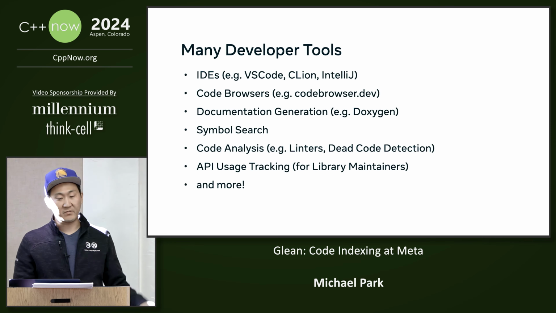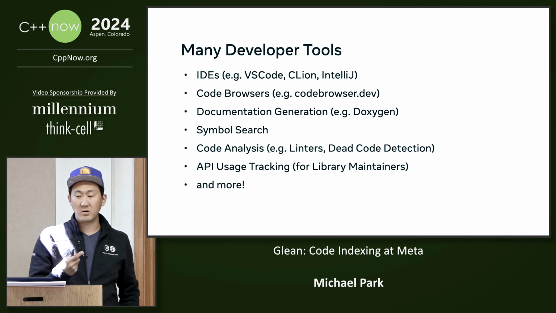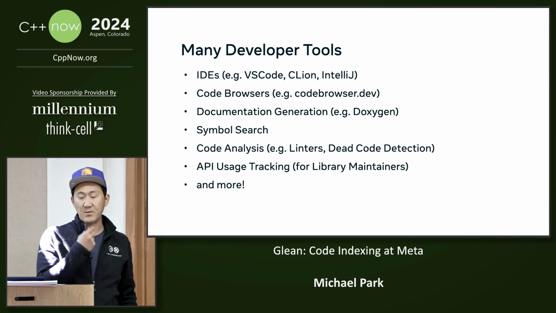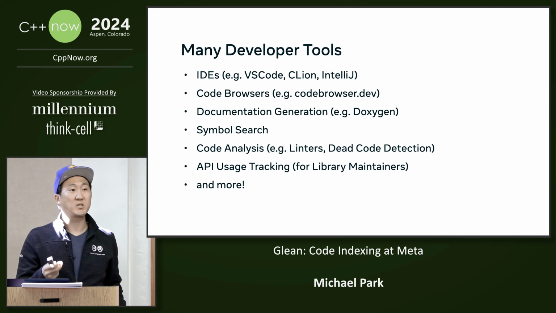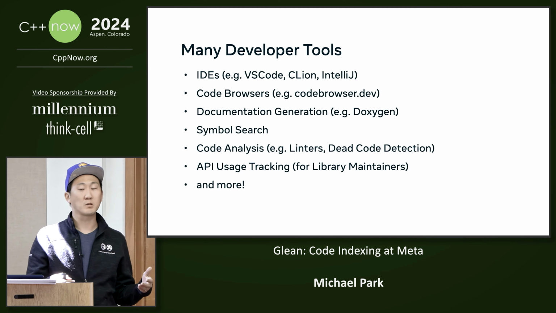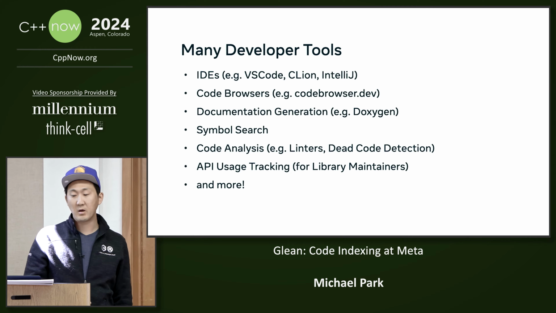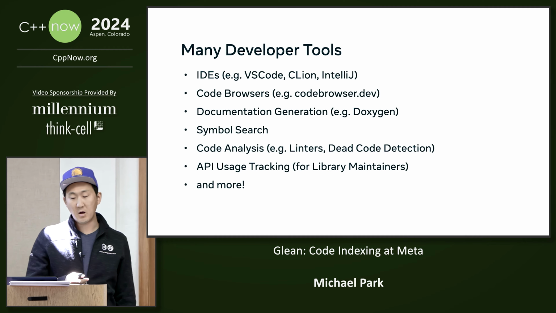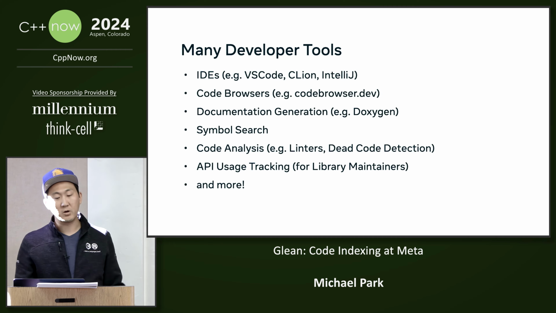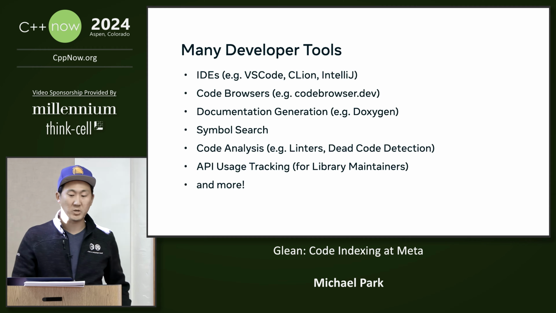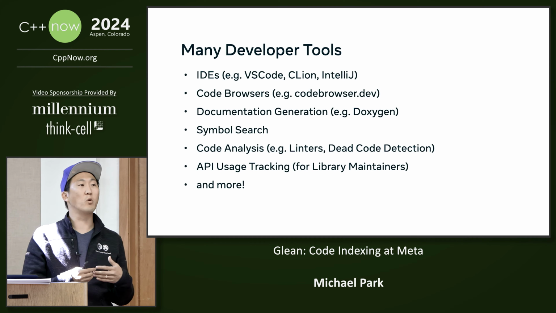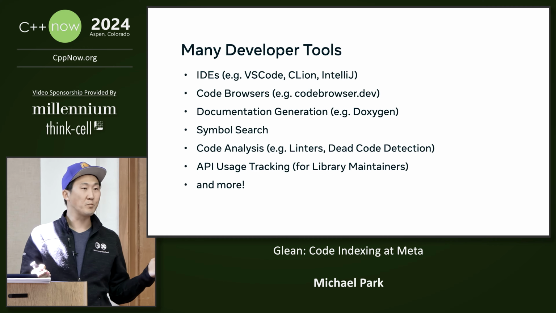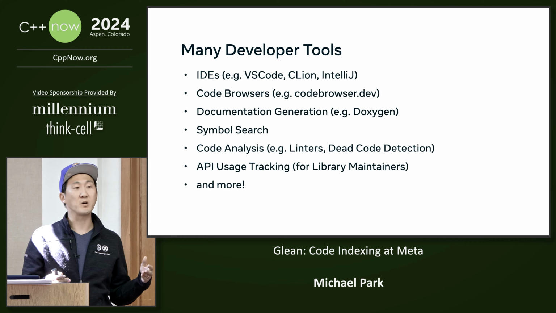And there are a lot of other developer tools, right? So IDEs, VS Code, CLion, IntelliJ. I've shown some examples of that. There are some web-based code browsers that don't necessarily have a local box to work with, or even a checkout of the code. Documentation generation I just showed, but there are other tools like symbol search, where you might want to figure out, oh, where are all the places in my code base where a variable is named underscore, right?